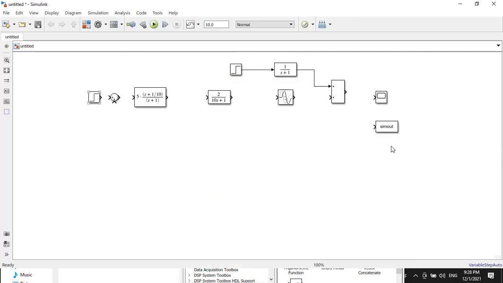We need to get the feedback, right? So we need to get the feedback from this through. I think that's how the block diagram was, right? So with the disturbance, yeah. So we'll have to add this once again.